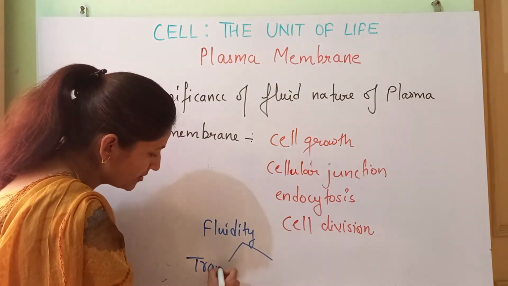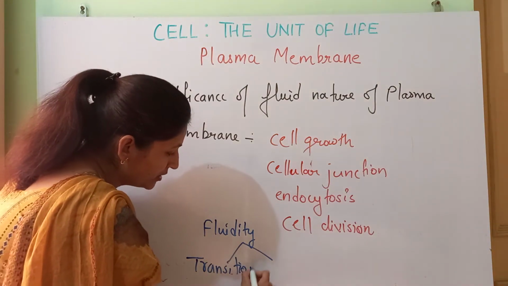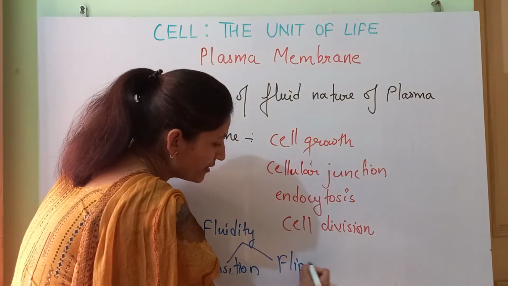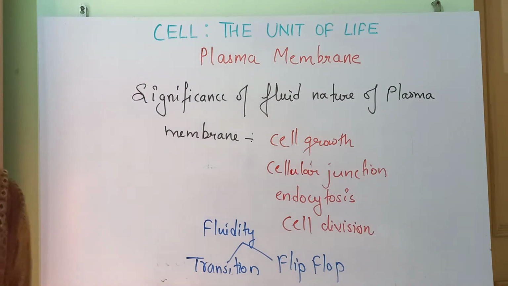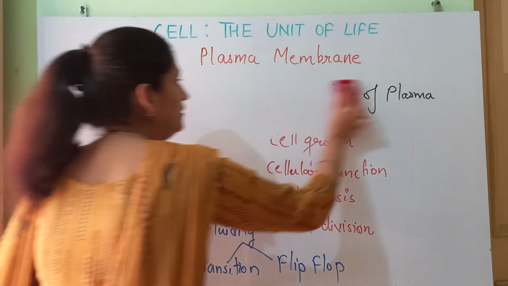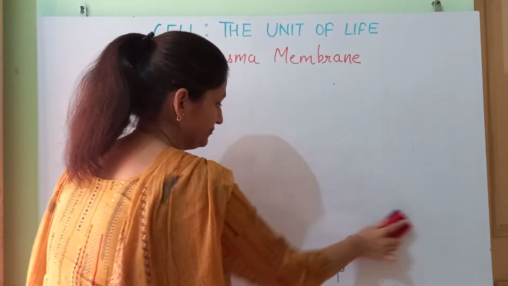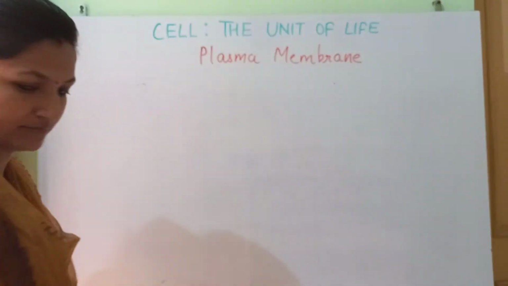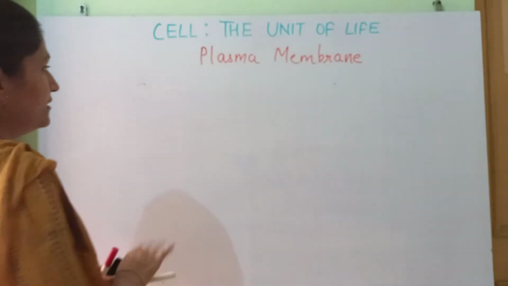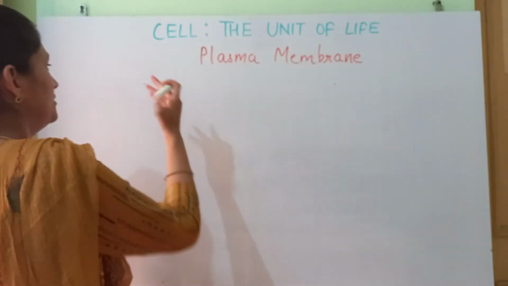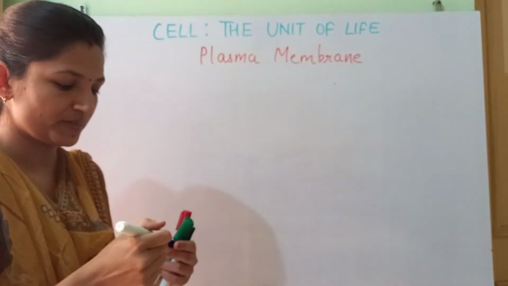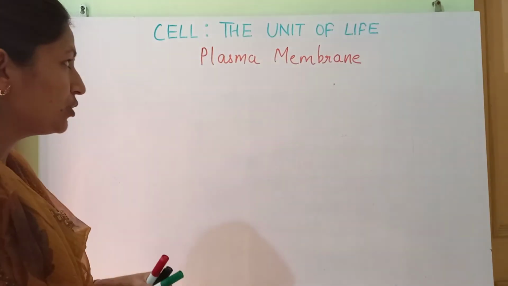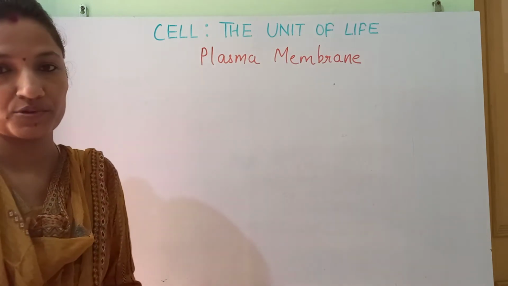The movement can be translational, the movement can be flip-flop. We'll see what this flip-flop and translational movement is when we talk about the structure of the plasma membrane. Before that, we'll talk about the chemical composition.